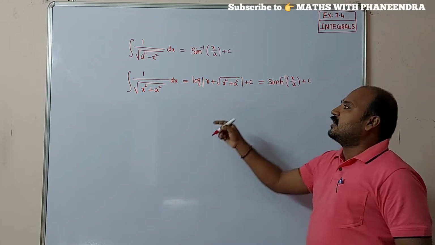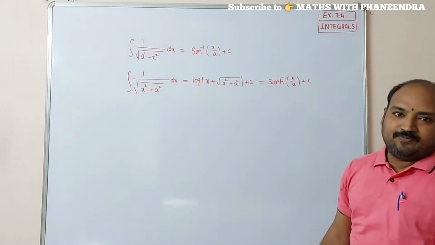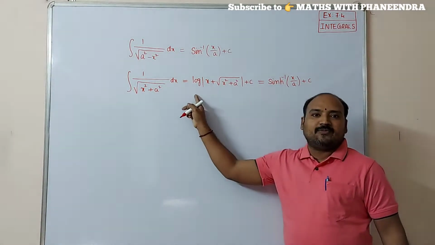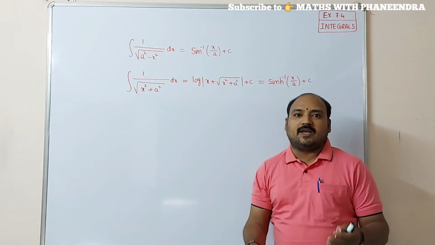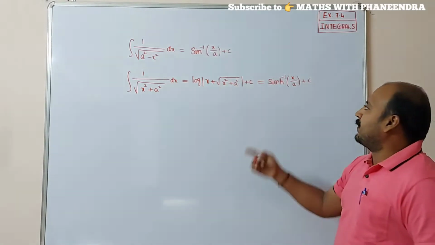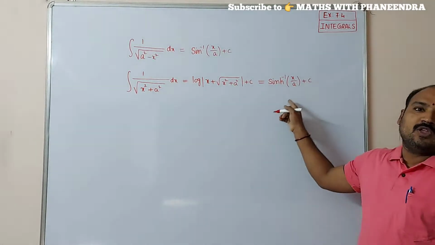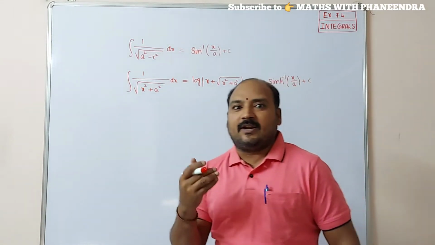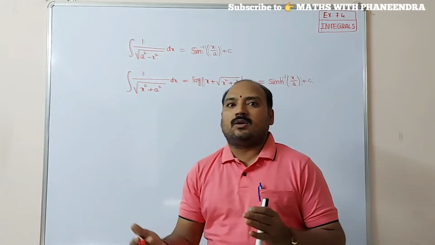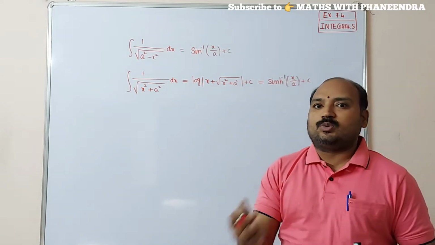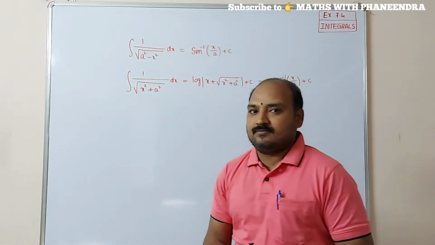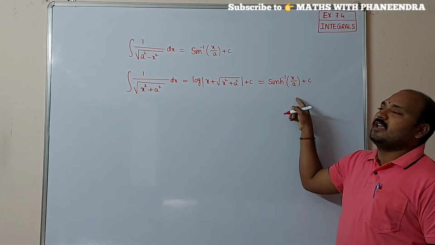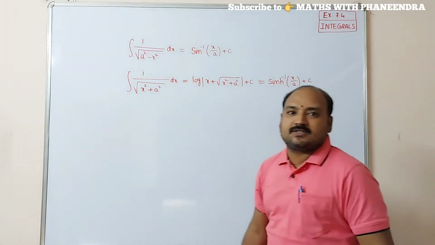So both the formulas we can apply. Most NCERT students apply this formula, and some state boards like Telangana and Andhra Pradesh use the other. But those who are appearing for JEE Mains and respective state boards will follow sine h inverse of x by a, like AP and TS.